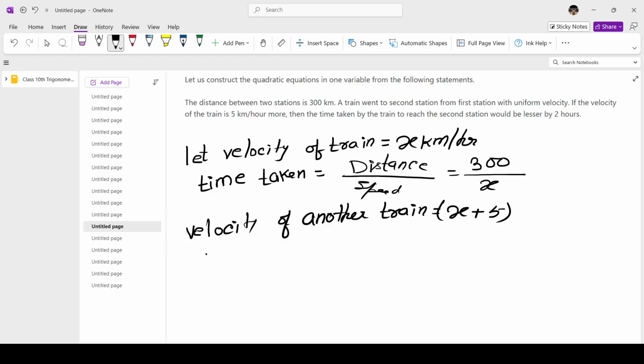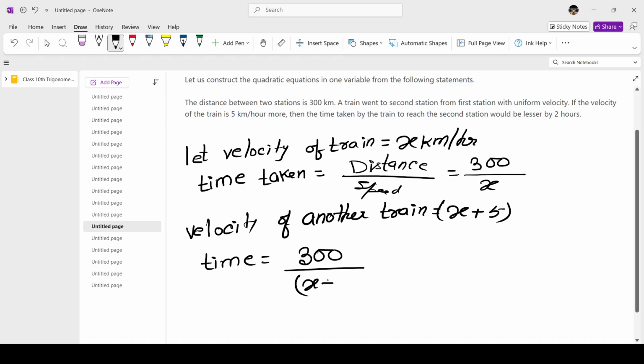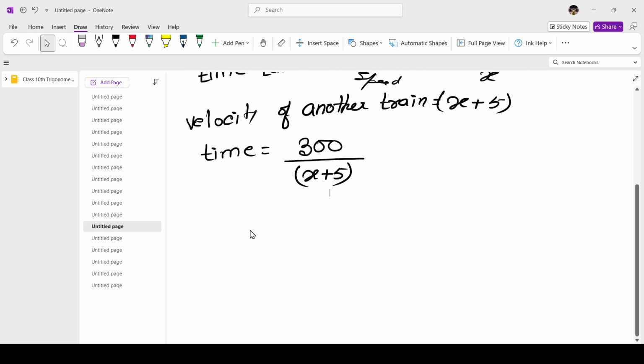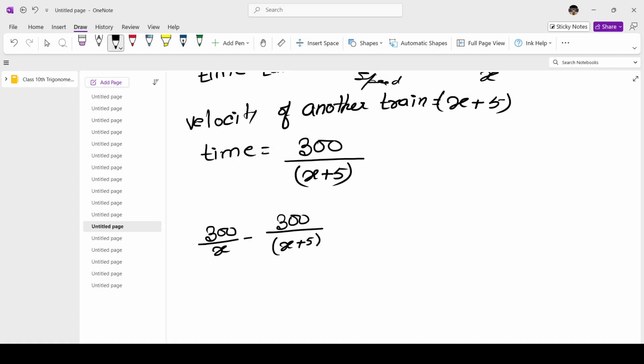Okay, that time will be 300 by x plus 5, the distance is same, so the speed can be changed. Okay, now the second train is getting 2 hours less. So we can say that the time of the first train minus the time of the second train is equal to 2.